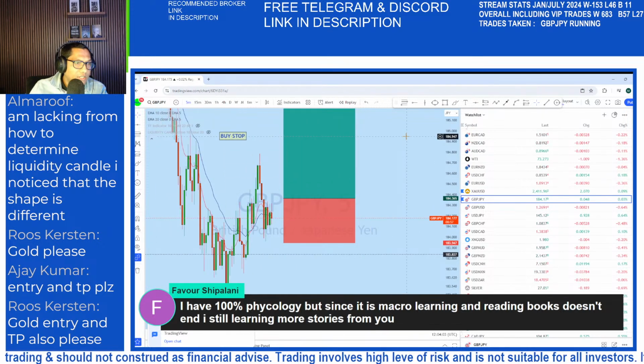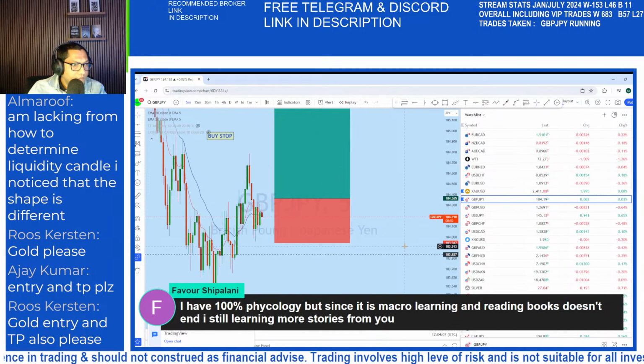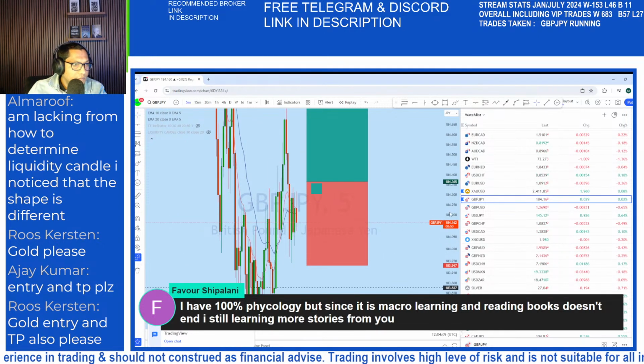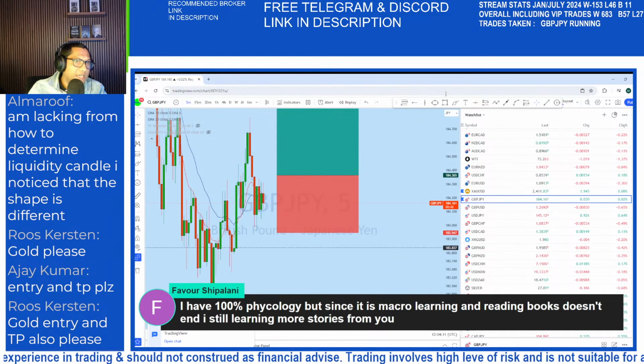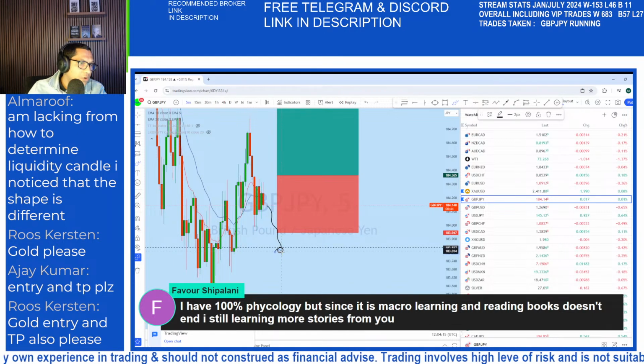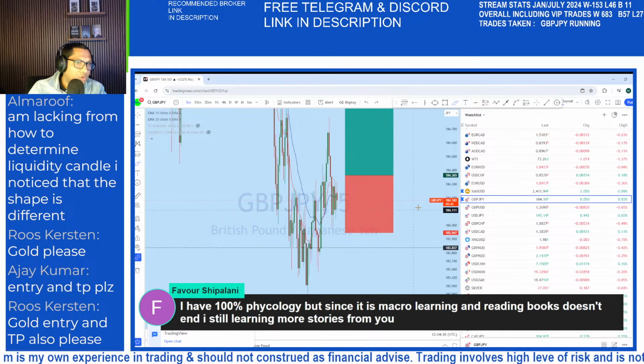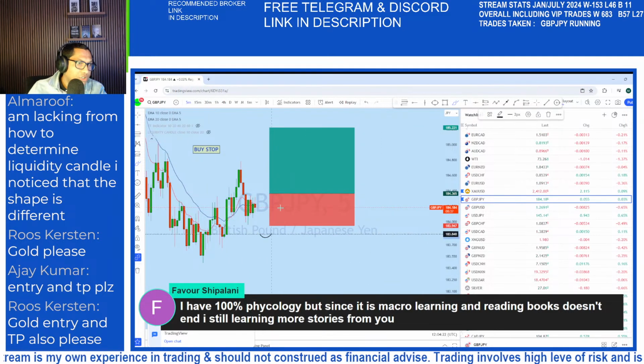GBPUSD in a very narrow range is still not triggered. I would be happy to see that it first dropped here to this support and then started to bounce. That's where you will see that potential bigger move.